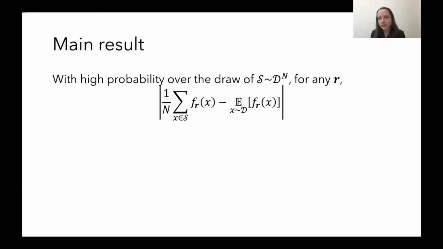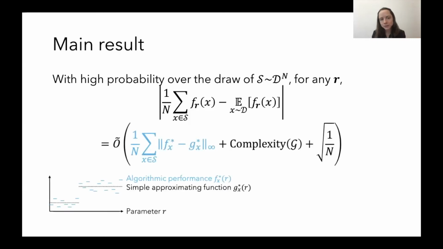So here's the generalization bound that we present in this paper. We prove that with high probability over the draw of this training set, for any choice of this parameter setting R, the difference between its average utility over the training set and its expected utility on the distribution is bounded by this quantity.